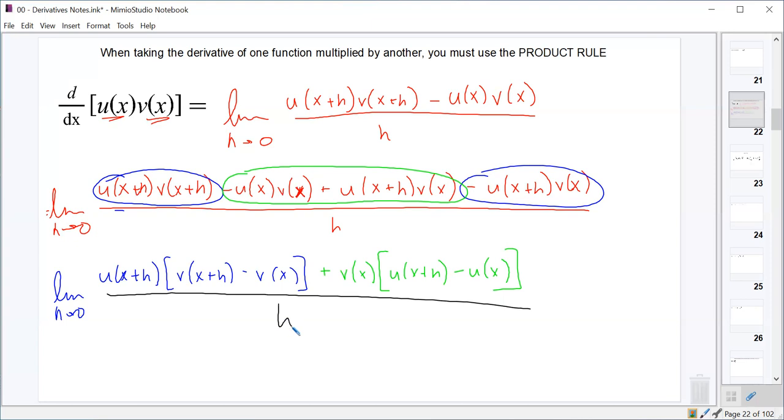Of course, one of the rules that we know for limits is that we can separate our limits out into multiple different limits. So I'm going to break this fraction down into two different limits separated by the plus sign in the middle.